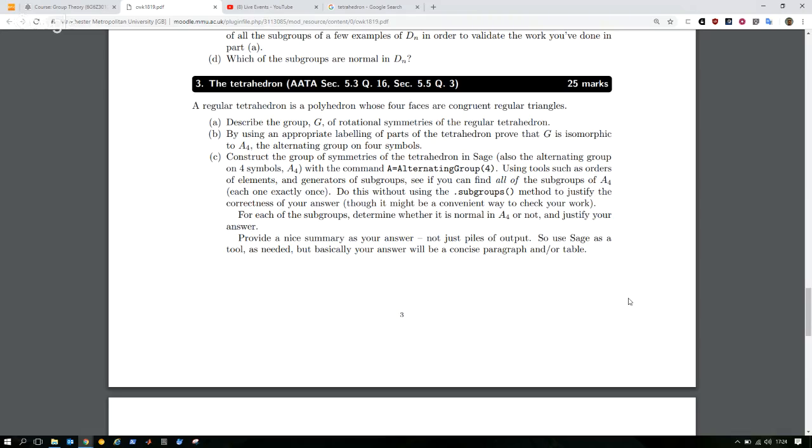For example, there's the same example where you fix vertex 1 and only rotate one triangle. That's a subgroup because it's closed: you always only rotate the triangle. That's an example.